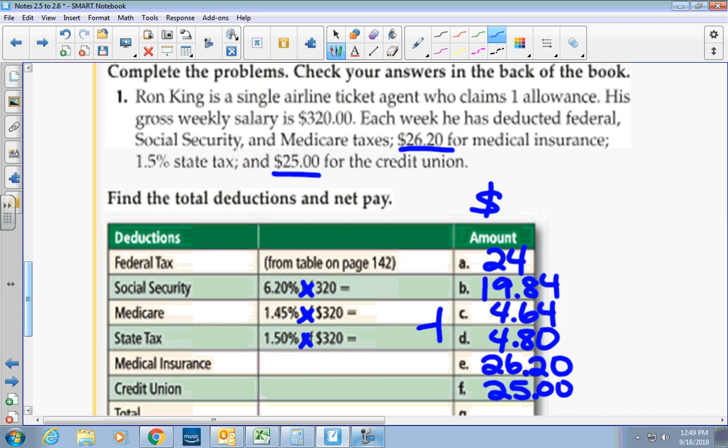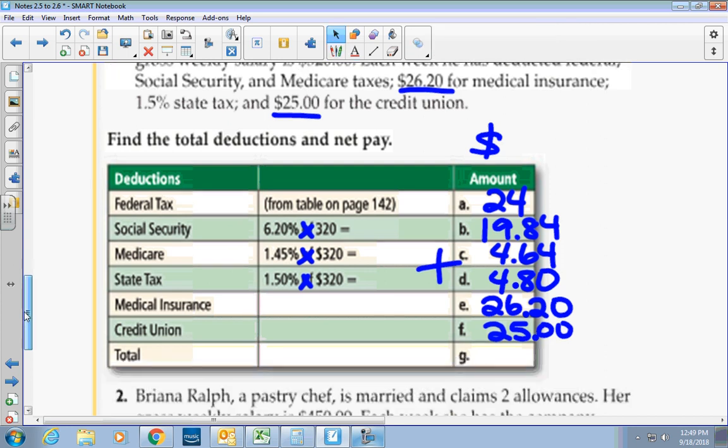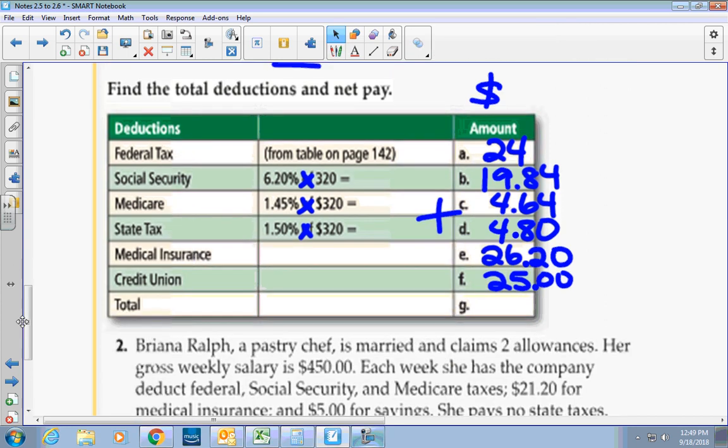And then we need to add all those together, so put a big plus sign so that we know we're adding them all together. 24 plus 26.2 plus 25.